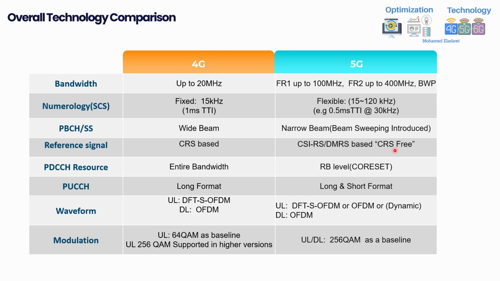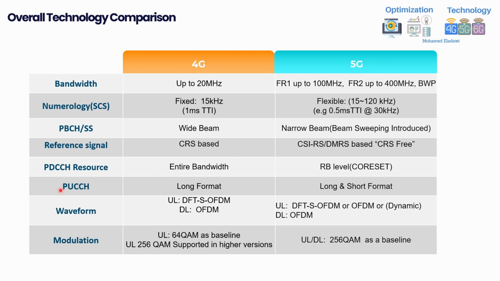No more fixed cell-specific reference signal. Now we have CSI-RS, the channel state information reference signal, and the demodulation reference signal, DMRS, and both are used to demodulate the channel and so on. It actually offers much better performance compared to the CRS.